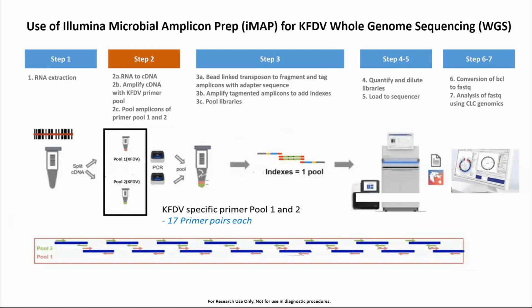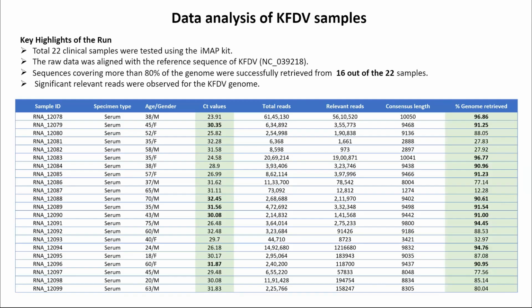By this method, using this microbial amplicon prep, we could retrieve beautiful sequences from the clinical sample, which we can report very shortly, and we can assure that the mutations are not very high, and the sequences are matching with the earlier viruses circulating in the Western Ghats.